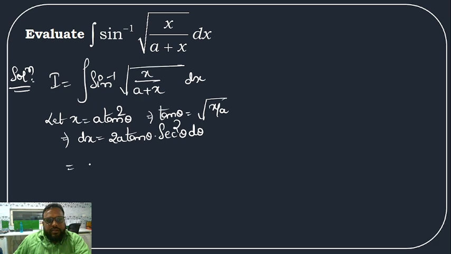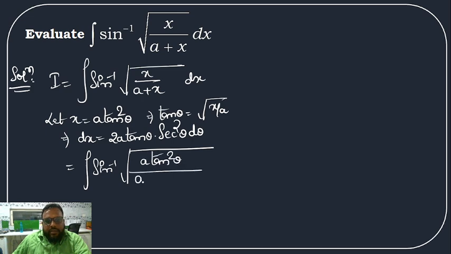Okay, so this becomes integration of sine inverse under root of a tan square theta by a plus a tan square theta, into, in the place of dx I can write 2a tan theta secant square theta d theta.